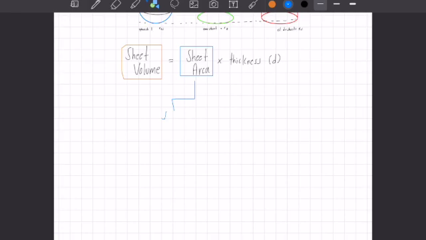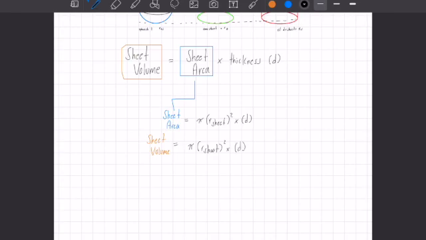Then, we can present the volume of all sheets with the following formula. Volume is equal to area times d, and because every sheet is circular, then area is equal to π r squared, meaning that volume is equal to π r squared times d.